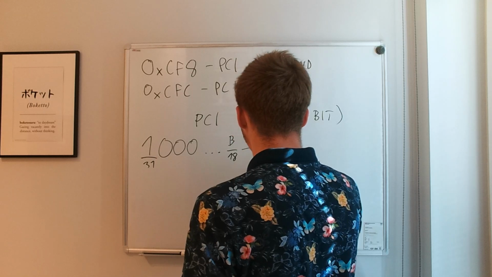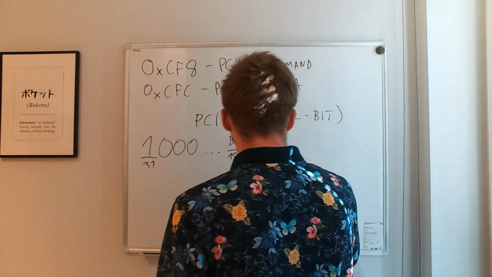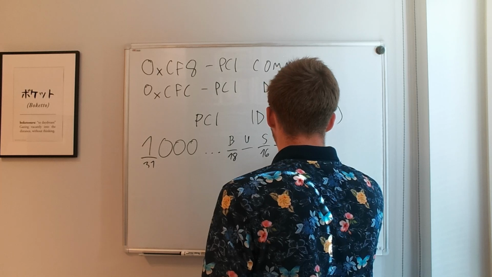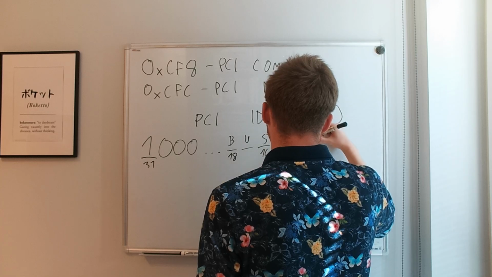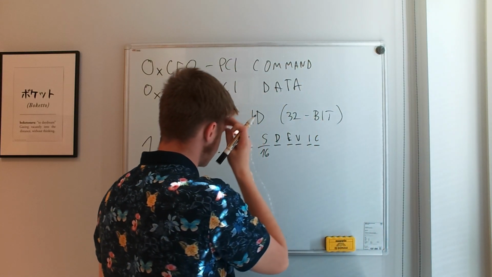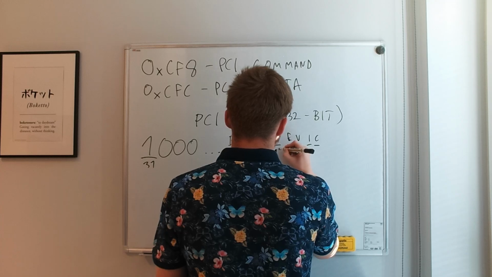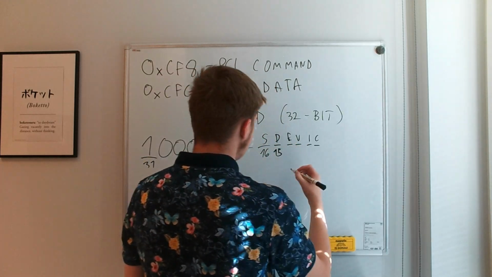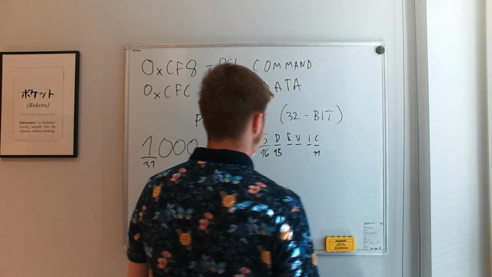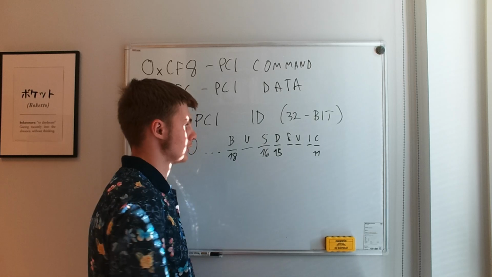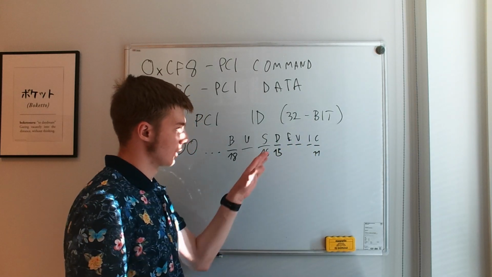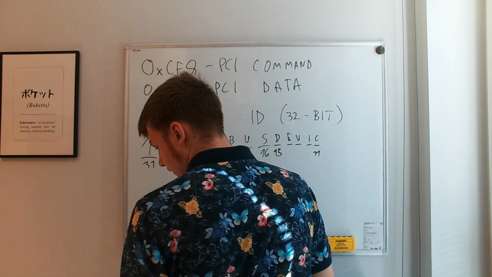And then you have to specify the device number itself. This is a 5-bit value, so it goes from bit 15 to 11. As I said, there are 32 devices, so from 0 to 31, and again, 5 bits are enough to store this.